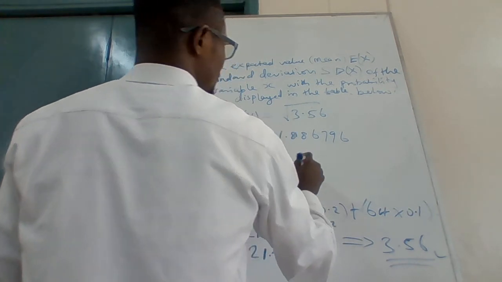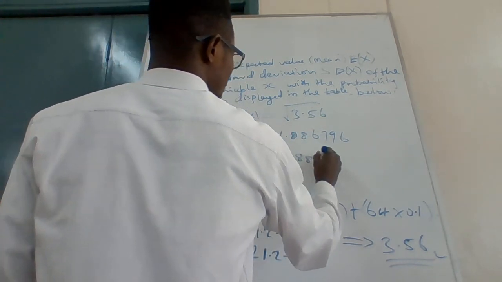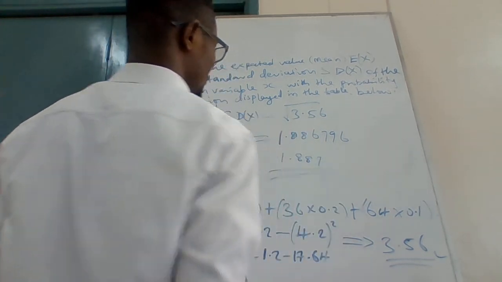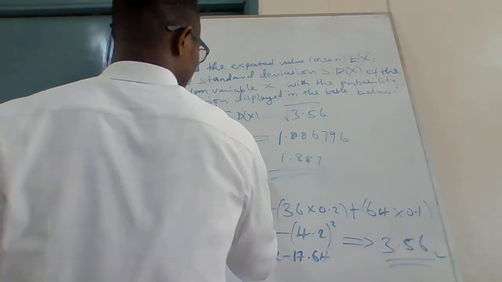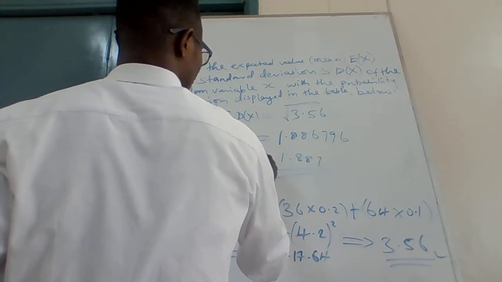We can go to 3 decimal places, which gives 1.887. And that is our standard deviation of x.